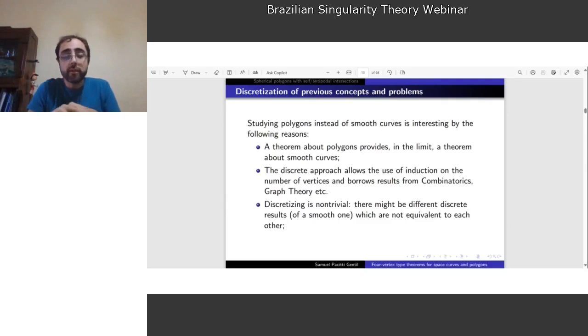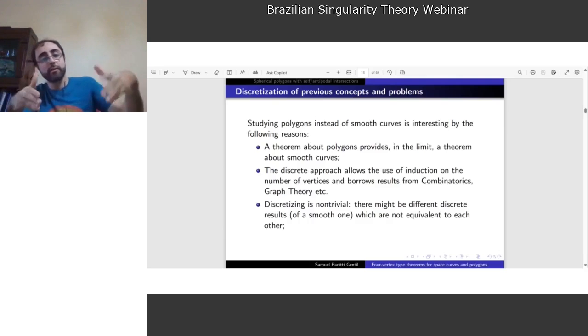And a third point, which is also the point that justifies why this is an active area of research, especially for the four-vertex theorem, is that discretizing is non-trivial. There might be different discrete results for a given smooth result, which are not equivalent to each other.